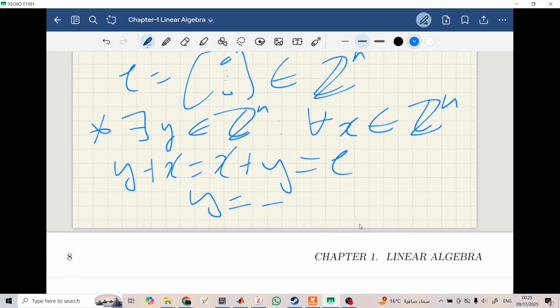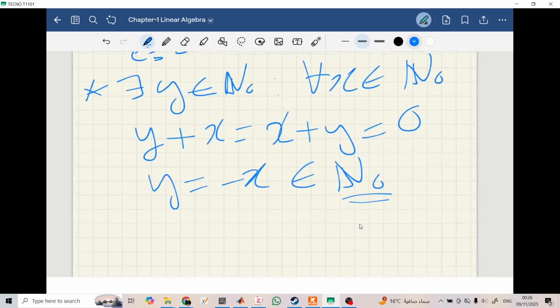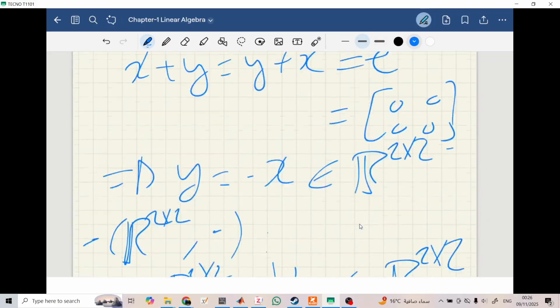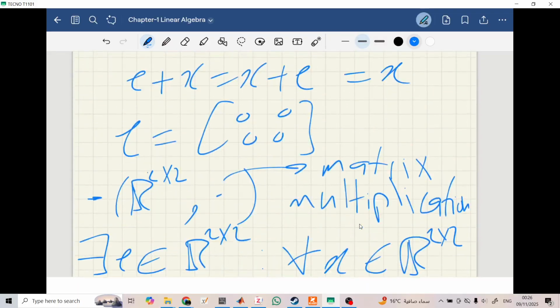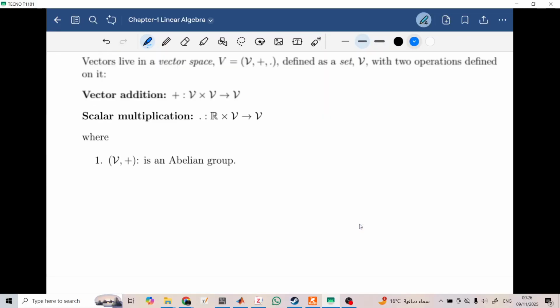Y is minus x, and this belongs to the same set, meaning that it's a group, and it's an abelian group since y plus x equals x plus y. So we can easily see that it's a group, and it's also an abelian group. This is good news, right?